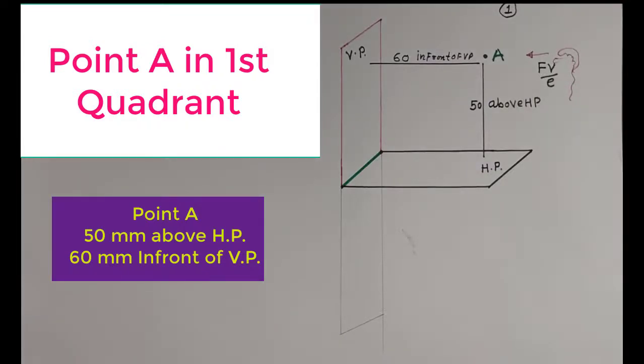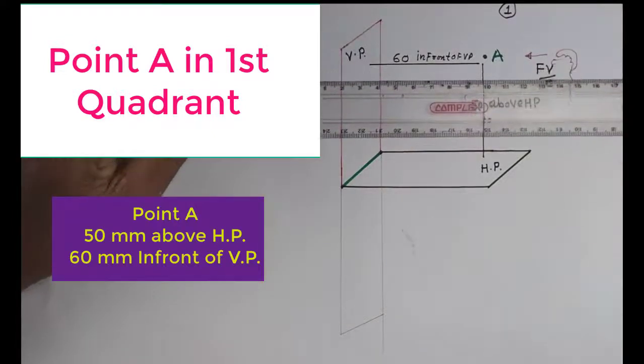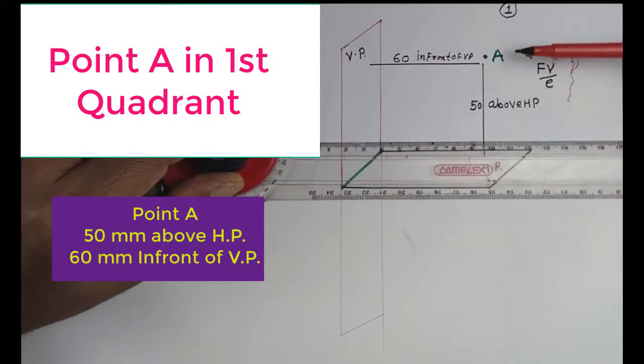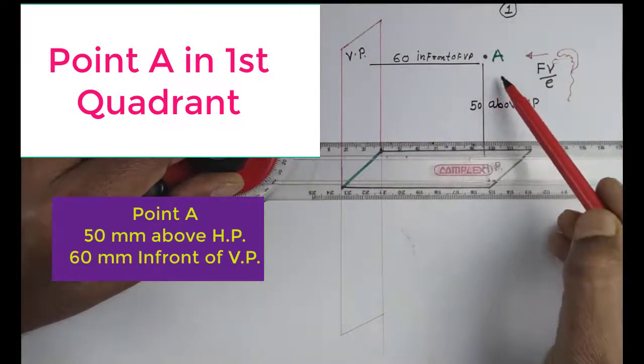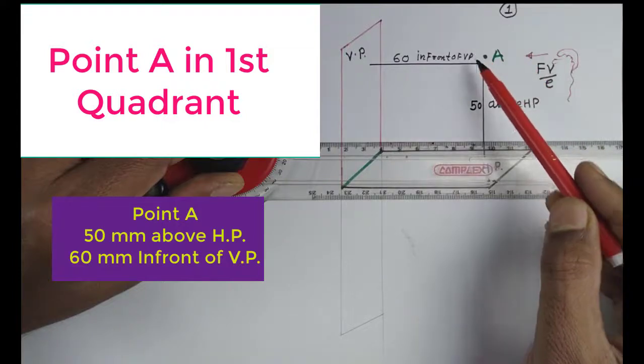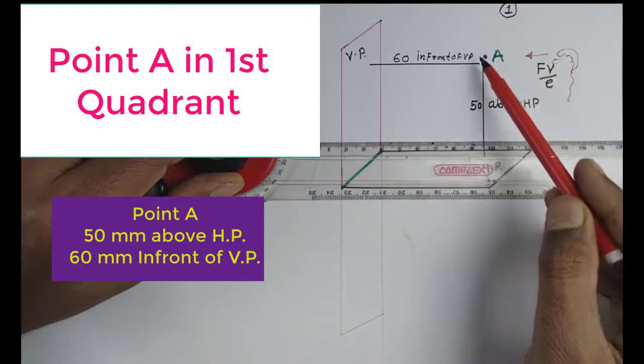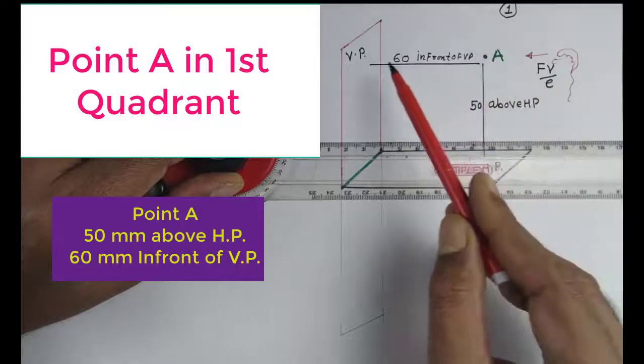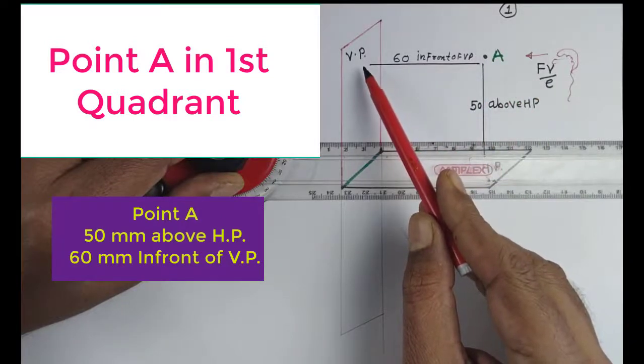So this observer observes the point A from the front view orientation. The projection of point A as an elevation point appears on the vertical plane.